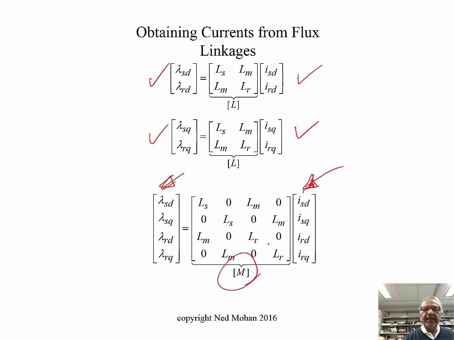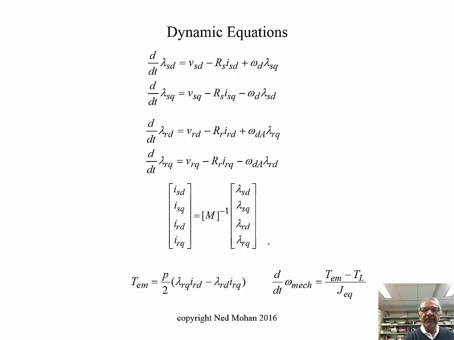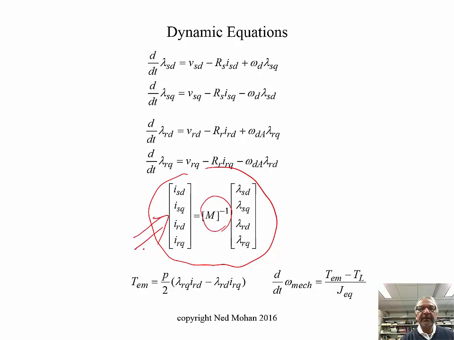And then we can invert this matrix M to go the other way. So that is shown over here. In our simulation, we end up calculating flux linkages and, using this inverse matrix, we can go to the currents.